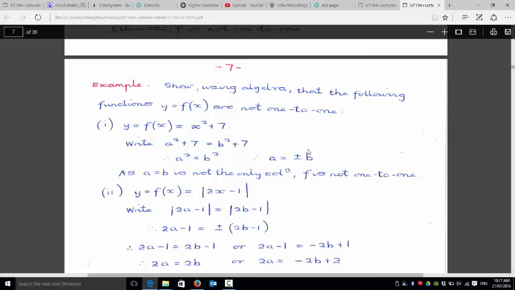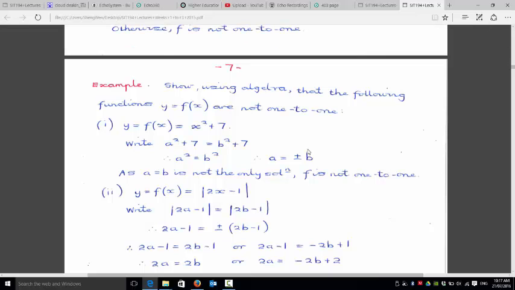We have an example. We just use algebra to check whether the following functions are one-to-one or not. So we have y is equal to f(x) is equal to x squared plus 7. We just check whether f(a) is equal to f(b) or not.